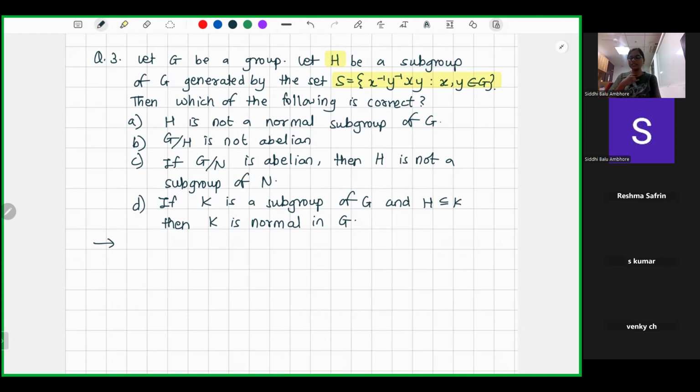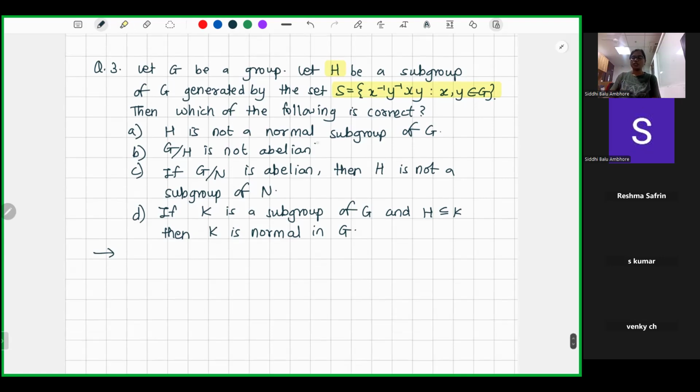And then next they are asking whether G quotient H is abelian or not. And then they are saying that if G quotient N is abelian for some subgroup N of G, then they are asking whether this H is contained in N or not.